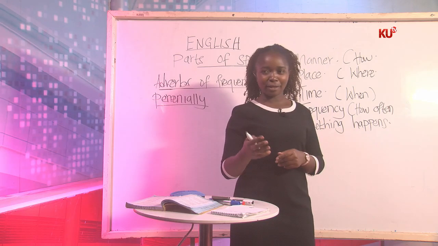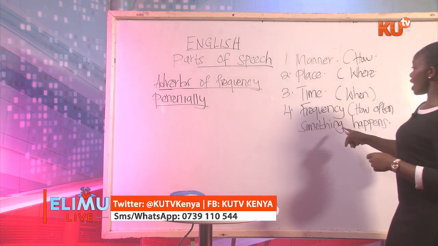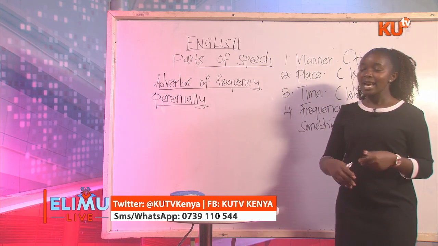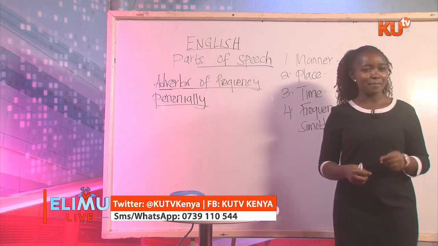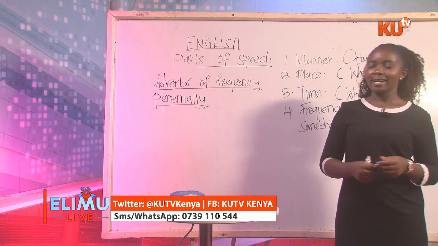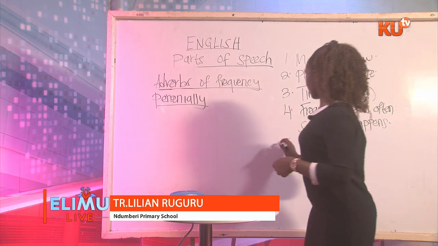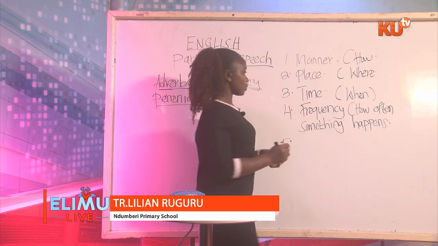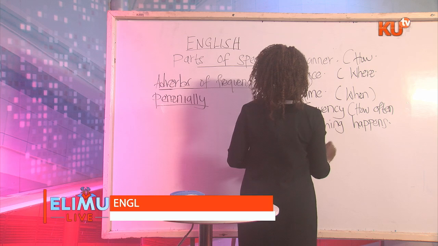So, students, those are some of the examples that we have looked at that belong to this category of adverbs of frequency. I've said that our adverbs of frequency explain how often something happens. Now I want us to move to the fifth category of adverbs, and that is adverbs of degree.